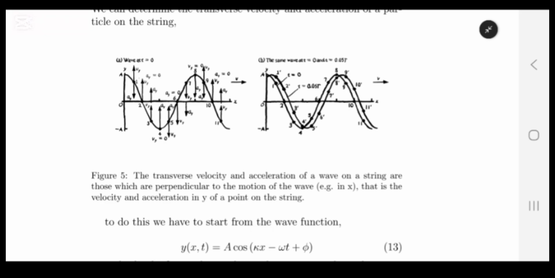So we can start from our wave function and say, okay, velocity is 1 time derivative, acceleration is 2 time derivatives. Let's figure out what this acceleration is. When we take 2 time derivatives of this wave function, we get this expression here, where we get the cosine back. Remember, you take the derivative of cos, you get sine, then you get cos again.